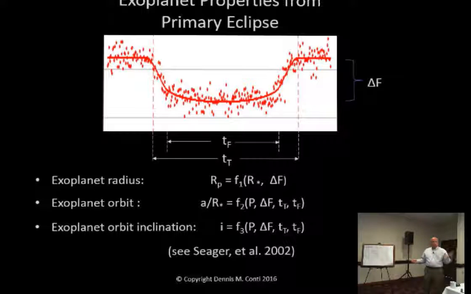And the inclination, somebody asked a question earlier, is a function, again, of all of those parameters. This reference here, if you care to go back and look at the math involved in deriving those, you can. But for now, take it that these key parameters out of an exoplanet observation are a function of these different values.